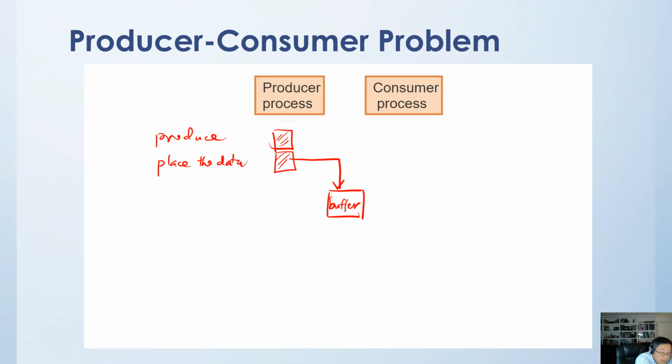And then once it's done, it just does another job to mark the buffer as full. So it just raises the flag, saying the buffer is full. And then it's going to produce the next data.